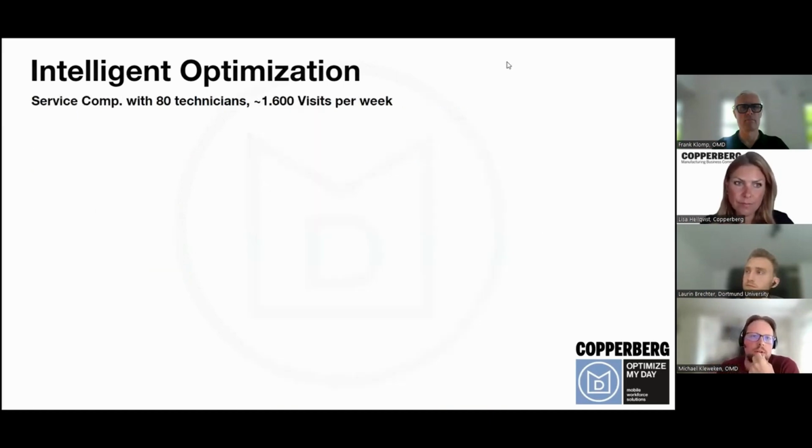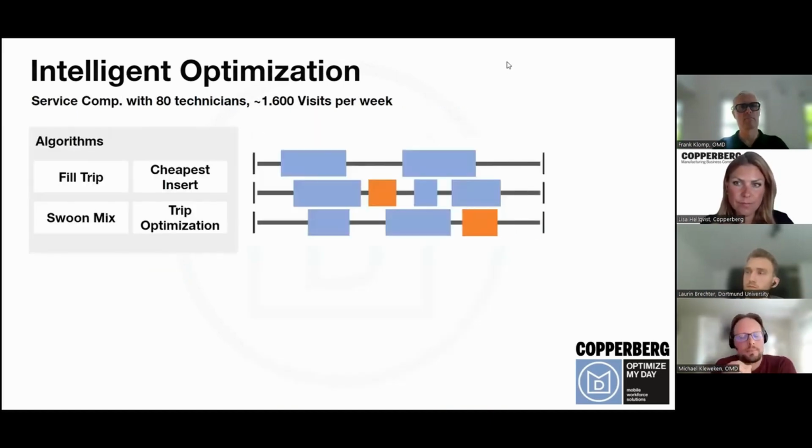This is only one example, but we see that optimization is always a setup of different algorithms. It's not only the fill trip, or just one optimization. It's always a setup of different algorithms that are combined to increase the efficiency.